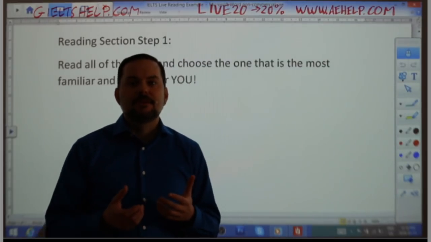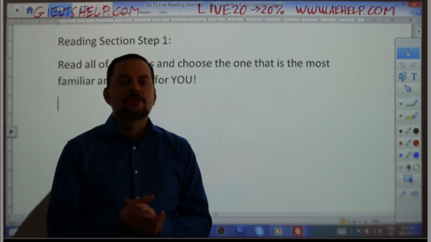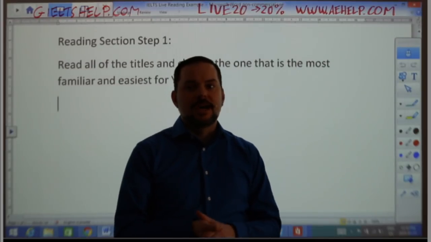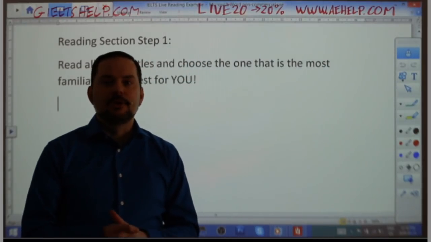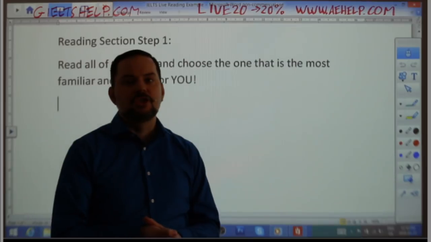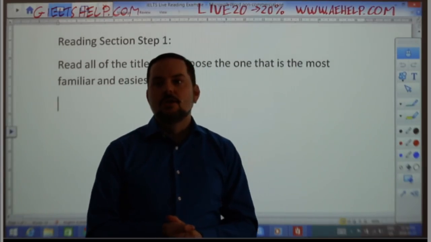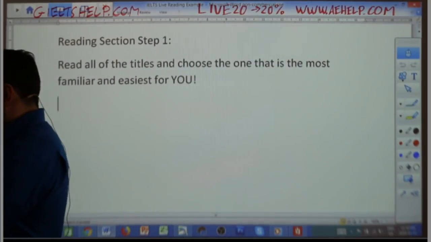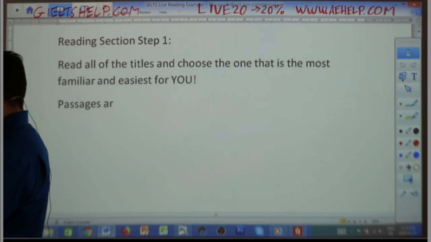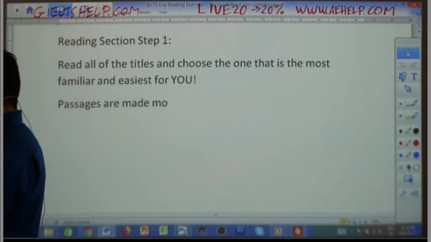Vocabulary is definitely one of the answers. So they choose higher level vocabulary or more difficult vocabulary in the passage and in the questions. So passages are made more difficult by choice of vocabulary.